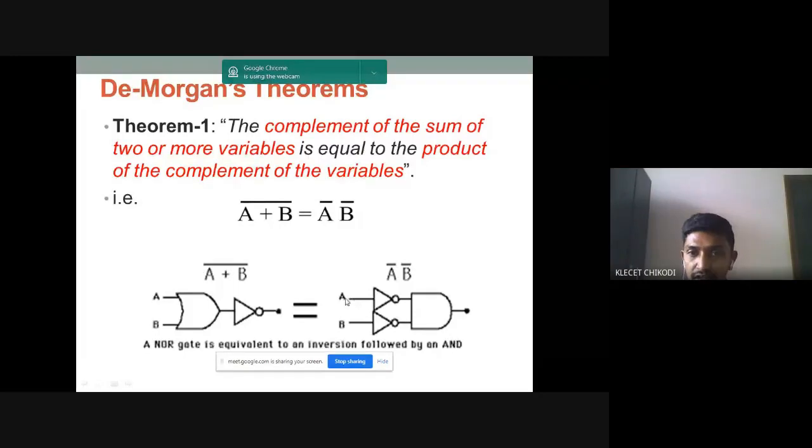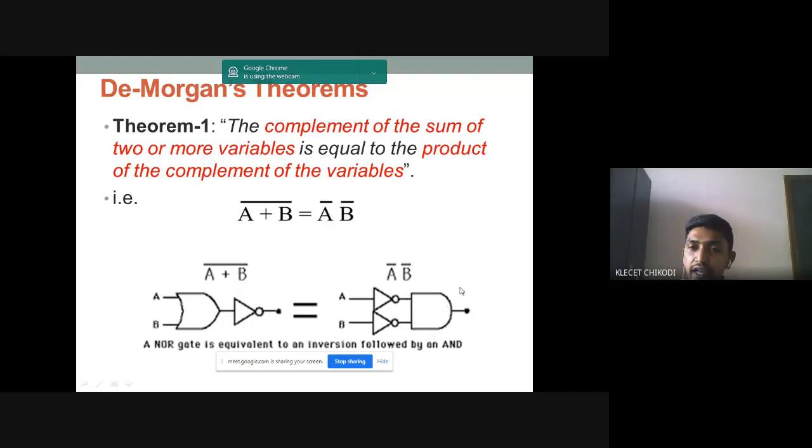Similarly, if you are giving A as the input to this NOT gate, the intermediate output will be A bar. Similarly, if we are giving B as the input to this NOT gate, the intermediate output will be B bar here. So at the input of the AND gate, we are having A bar and B bar as the input here.